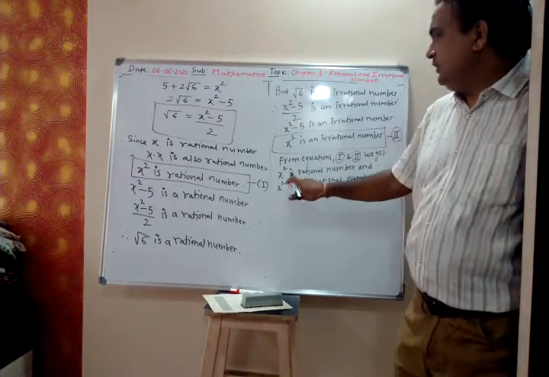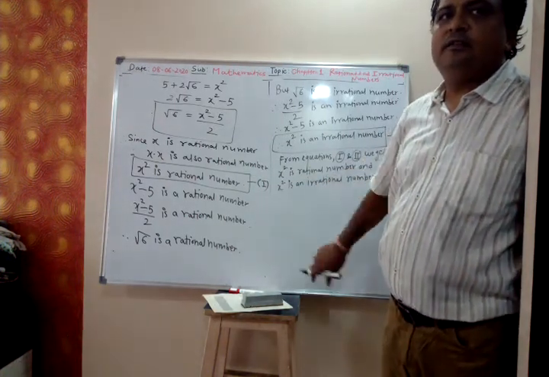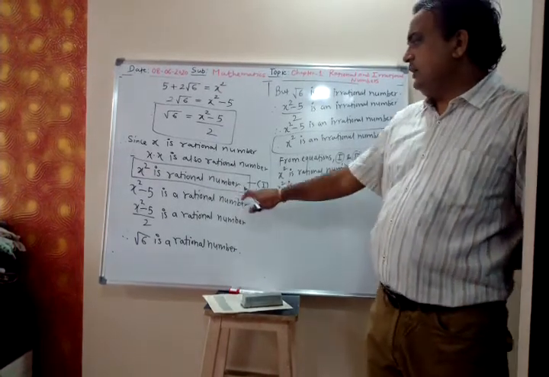Now you are able to see, from equation 1, x square is rational number.